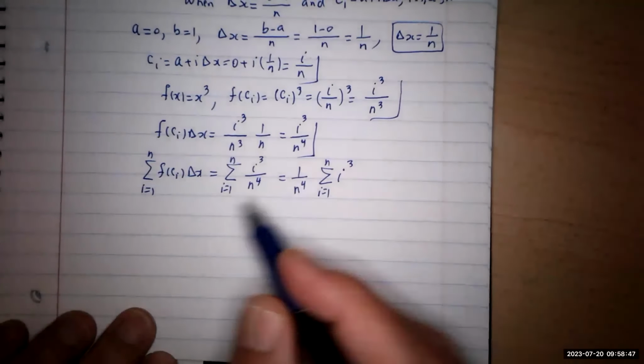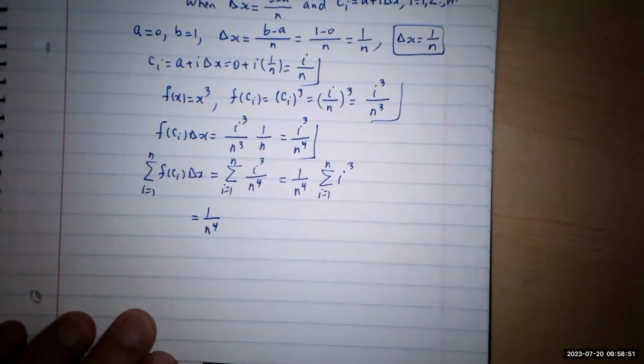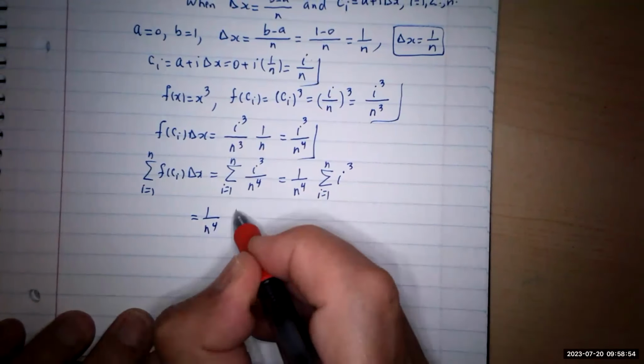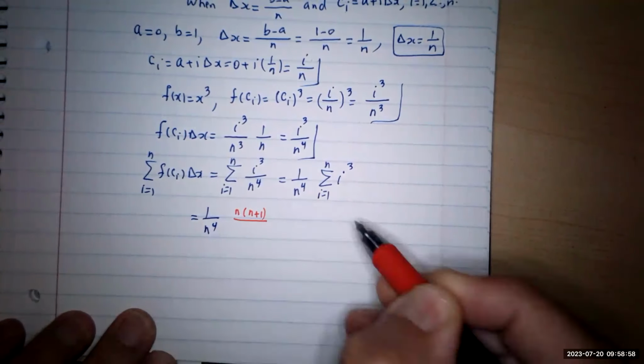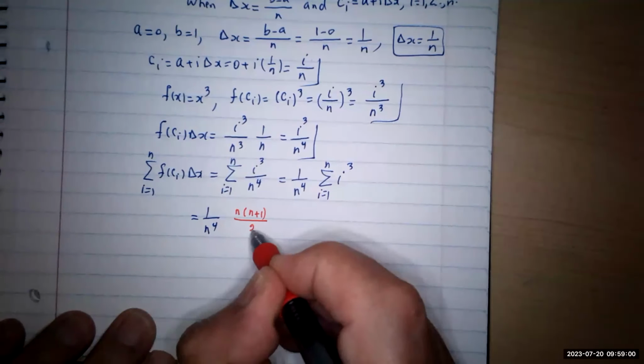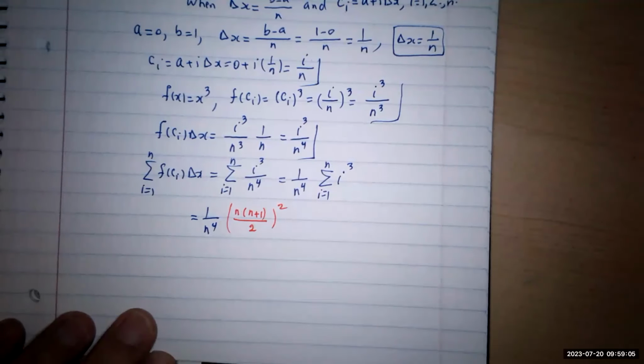So I substitute to get that i cubed. This is going to be 1 over n to the 4. Now I substitute for sigma i cubed: n times n plus 1, divided by 2, all squared.